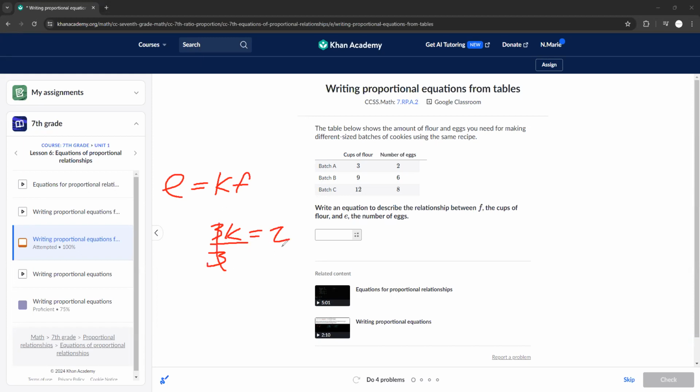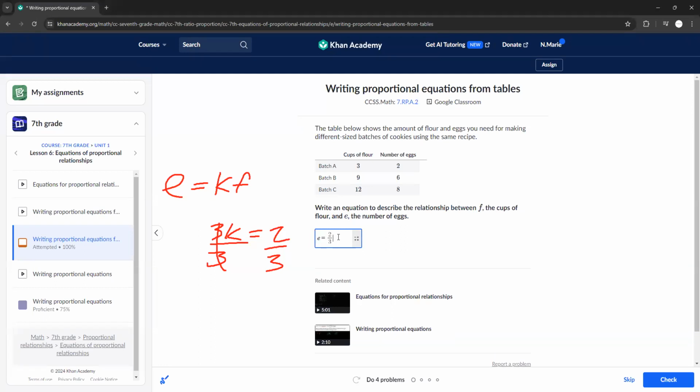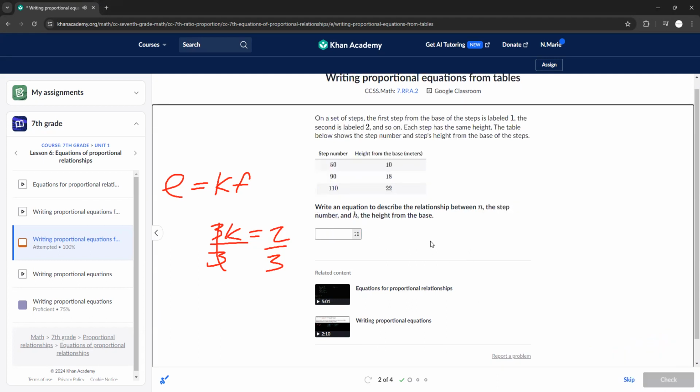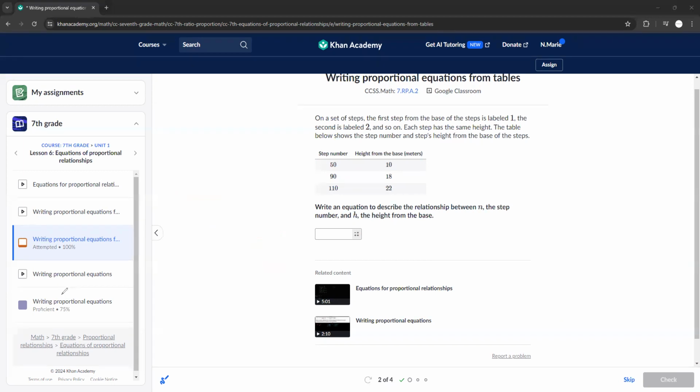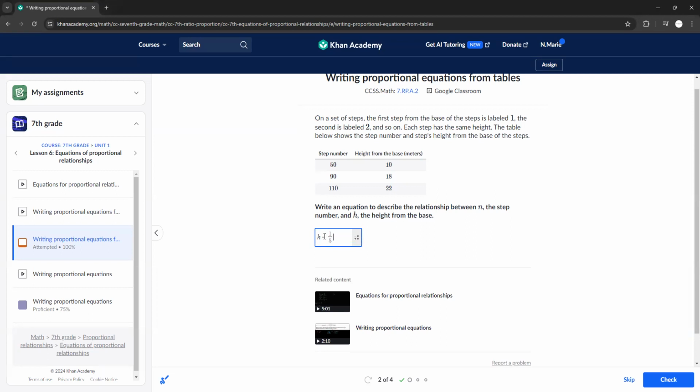Divide both sides by 3, 2/3. So E is equal to 2/3 times F for this. You're pretty much finding the constant of proportionality, which we were doing earlier. Okay, so height here is equal to 1/5 times n, because 1/5 times 50 is 10.